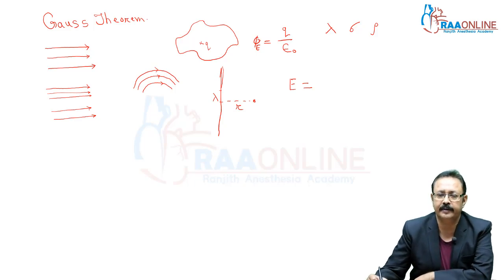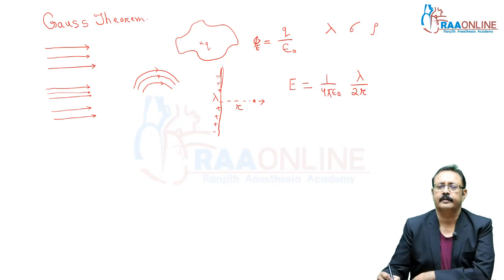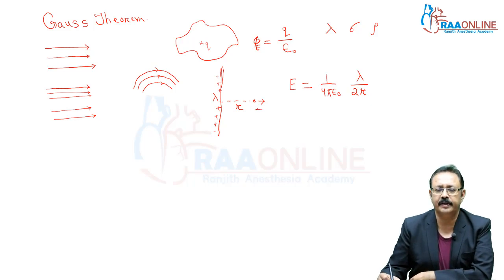You got 1 upon 4 pi epsilon naught times lambda by 2r. The direction, if it is a positive charge, should be outward, and for a negative charge it should be inward.